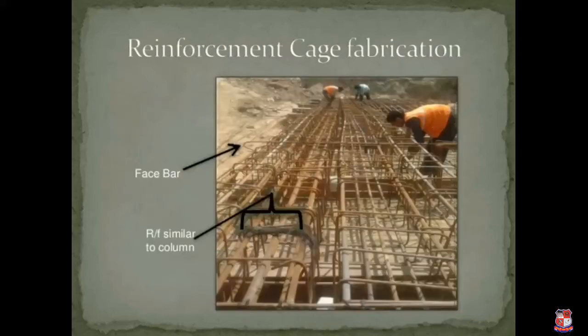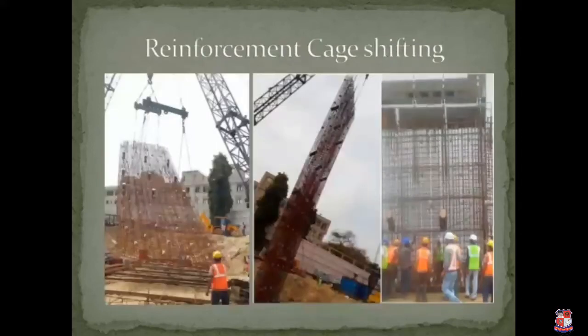So, reinforcement cage fabrication can be seen in the image, which shows the main bars and similar to the column. And then we can see the reinforcement cage shifting in the image. Cage is shifted to the required position wherever it is needed.